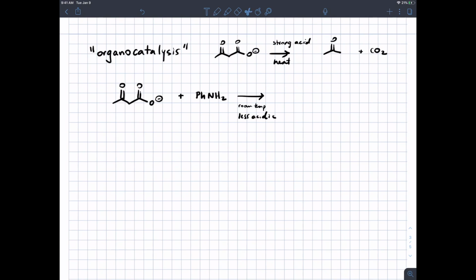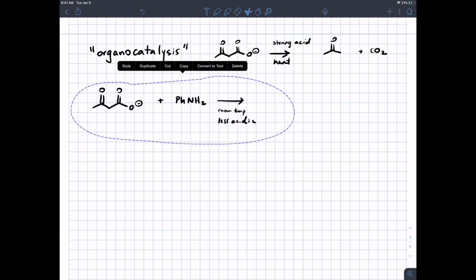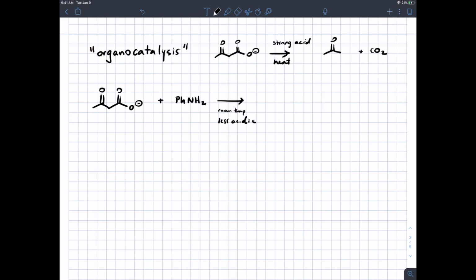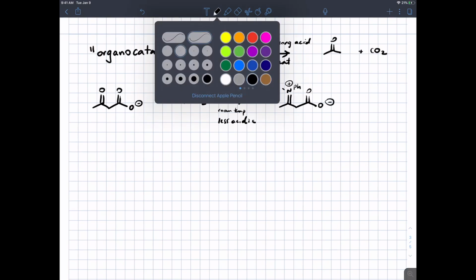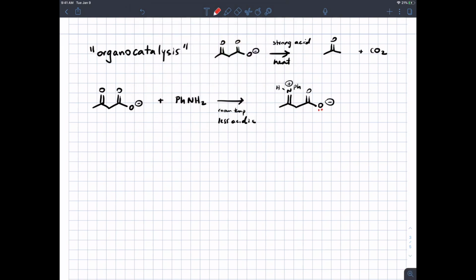What happens when you bring this amino group in the presence of the ketone is you form the iminium species first, and the iminium acts as an electron sink because it's a place for the electrons in this bond to go as CO2 leaves. So here's the decarboxylation.